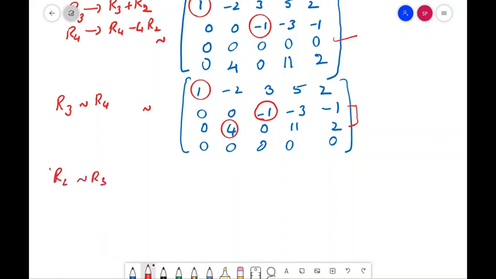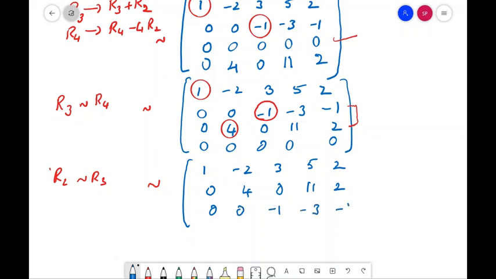So this matrix is transformed to 1, minus 2, 3, 5, 2, and then 0, 4, 0, 11, 2, and then 0, 0, minus 1, minus 3, minus 1, and 0, 0, 0, 0, 0.